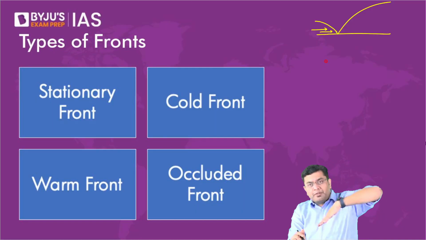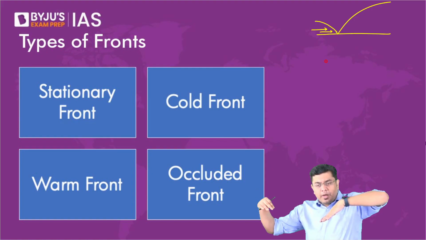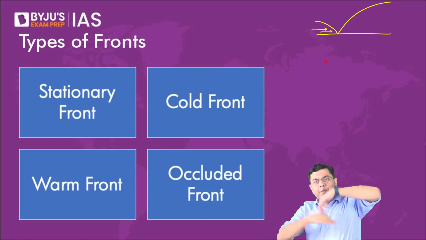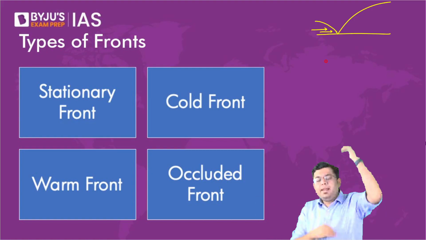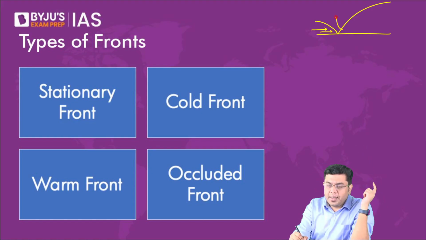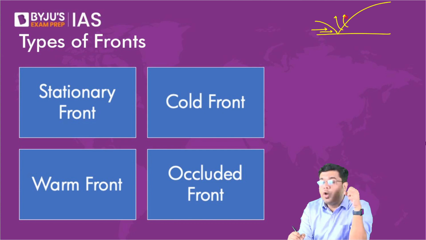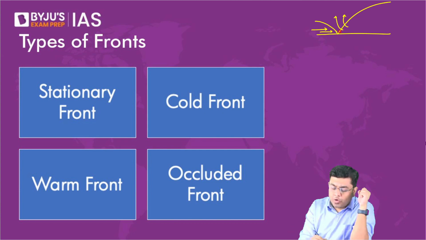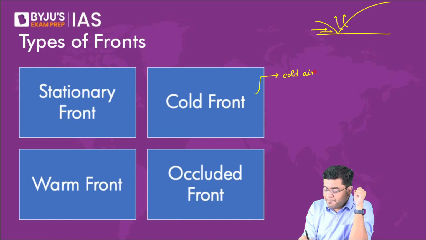So, suppose you have warm air here and cold air coming in. As it pushes in, it will suddenly lift up the warm air. The warm air, as we have seen earlier, will be significantly lifted up very suddenly because the warm air is lighter. So, such a condition where the cold air is active, that is your cold front.